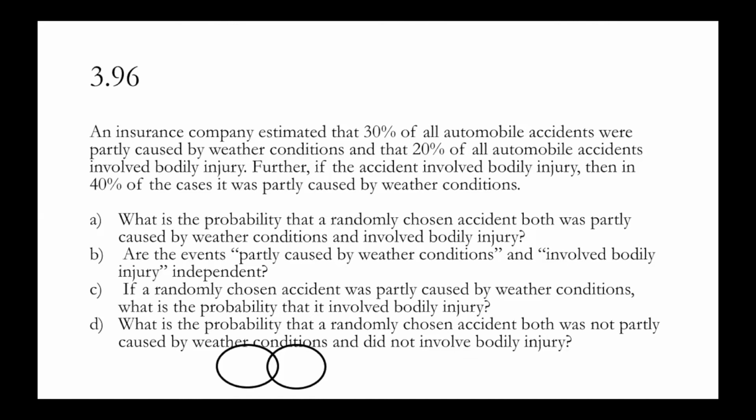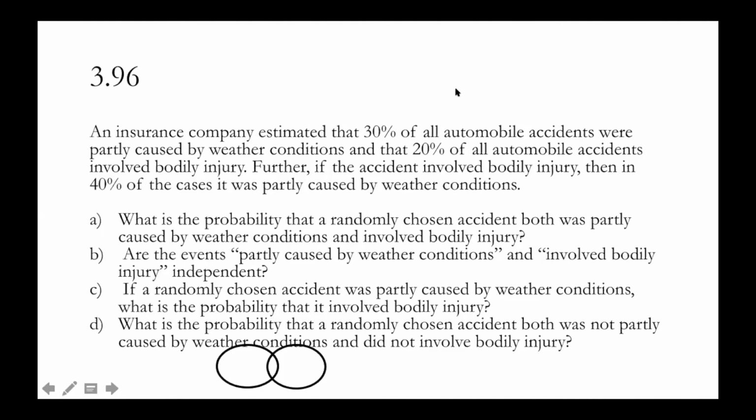Further, if the accident involves bodily injury, then in 40% of the cases it was partly caused by weather conditions. The first exercise is, what is the probability that a randomly chosen accident both was partly caused by weather conditions and involved bodily injury? Anyone has any suggestion on how to solve this?